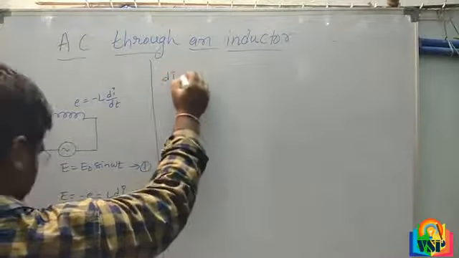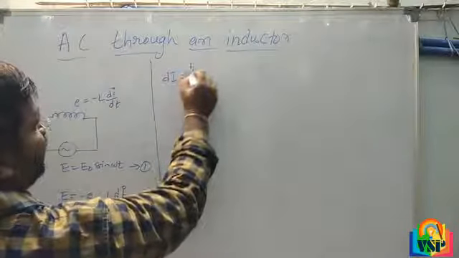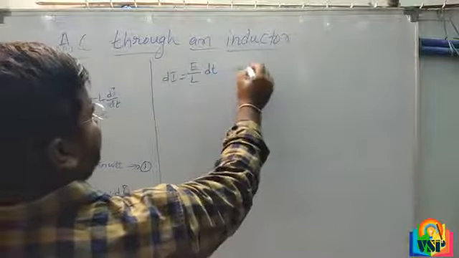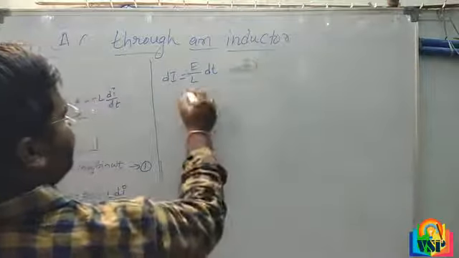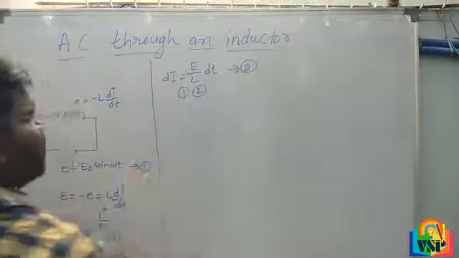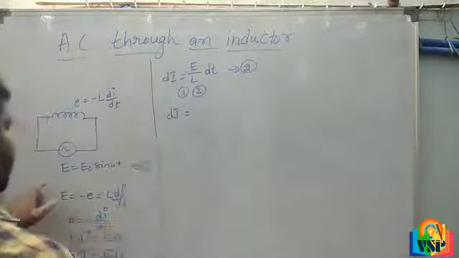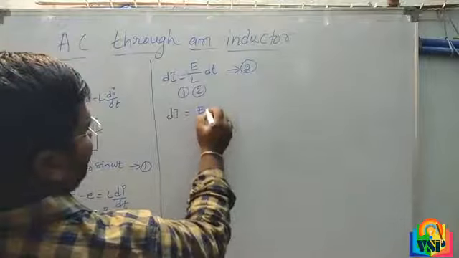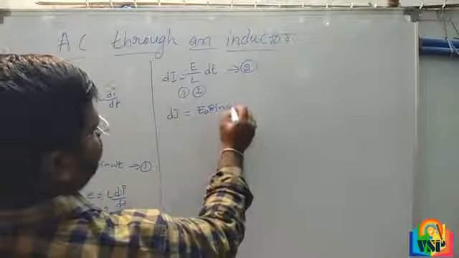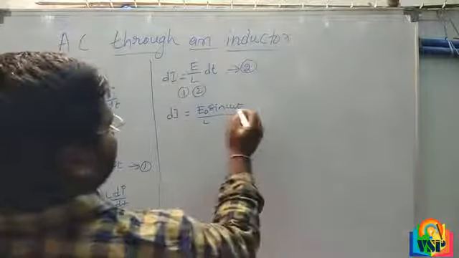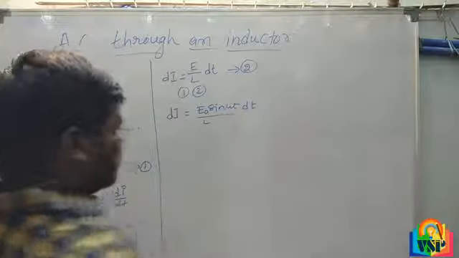di is equal to E by L dt. This is equation 2. From equations 1 and 2, di is equal to, instead of E, we substitute E naught sin omega t divided by L, dt.